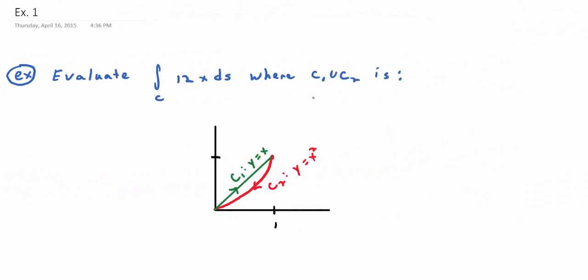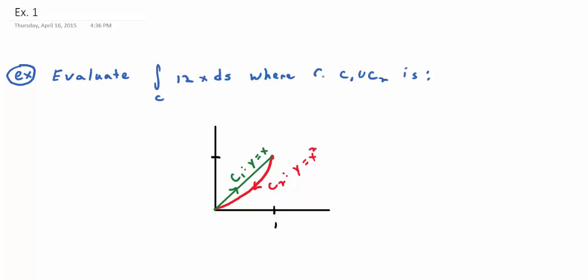In this example, we want to evaluate the integral over c of 12x ds. Our curve C is actually going to be composed of two subcurves, C1 and C2.